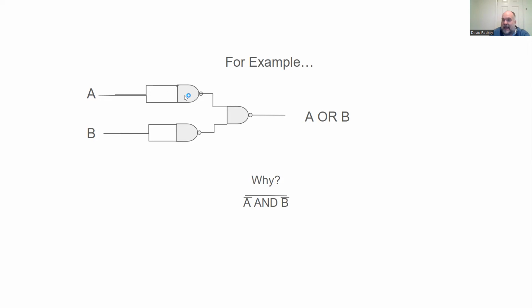Okay, so we're saying A NAND A. But if A is true, then A is true, right? And if A is false, then A is false. So the only way A and A can be true is if A is true. So the only way NAND A and A can be true is if A is false.